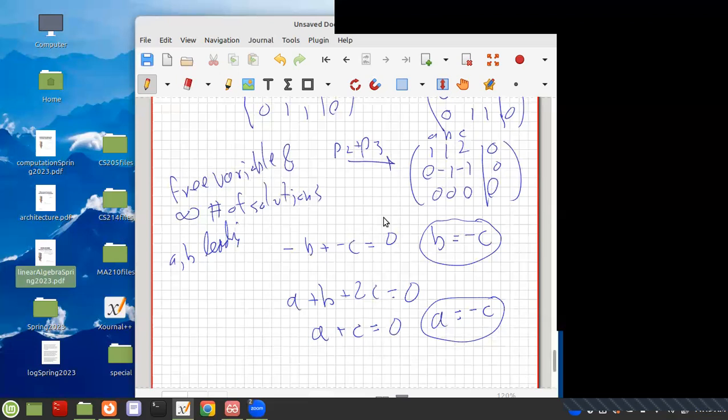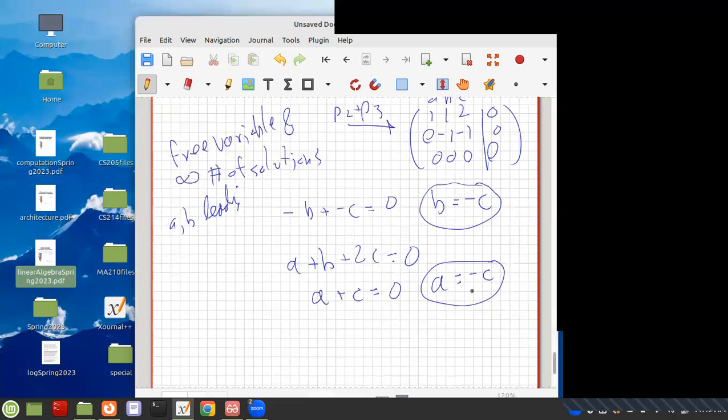So what we want to say, since C is a free variable, we can choose, our goal is to find a counterexample. Once we know that it's linearly dependent, you could stop there, but what I want you to do is to actually exhibit an example of linear dependence.